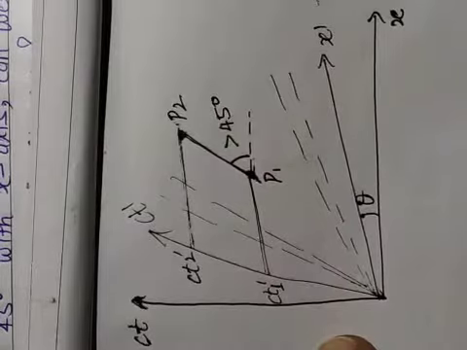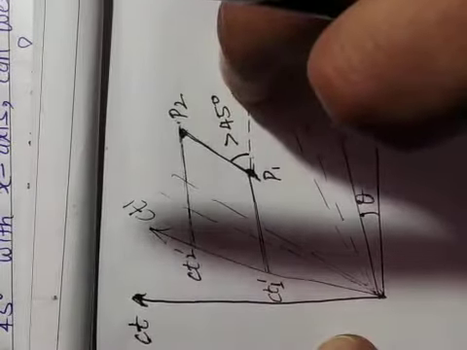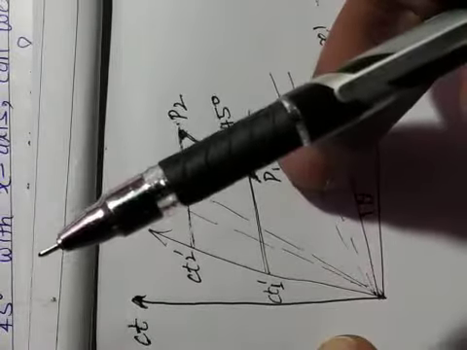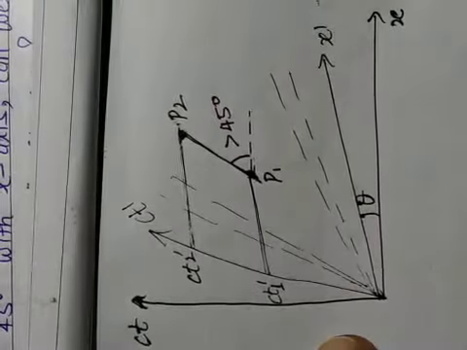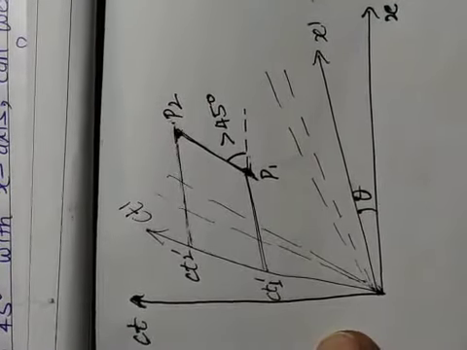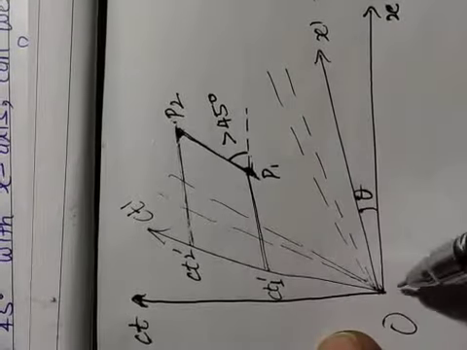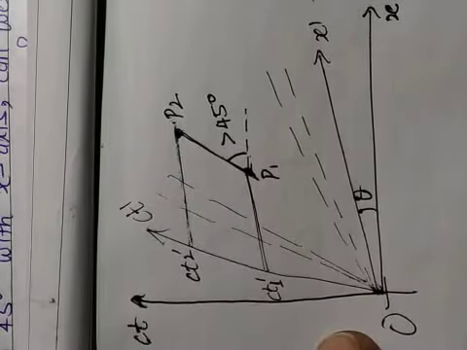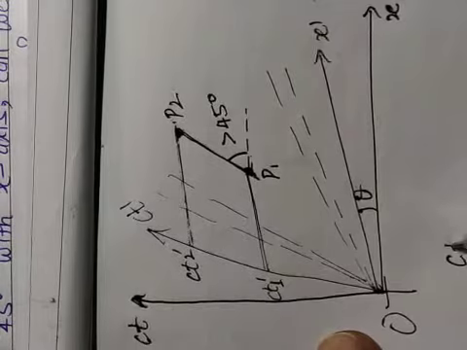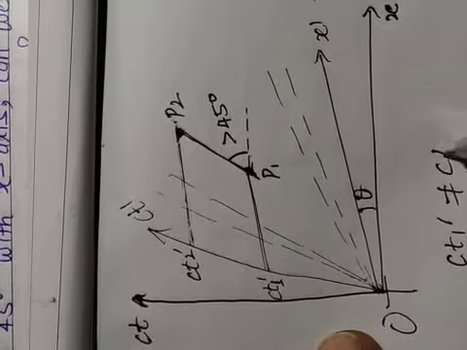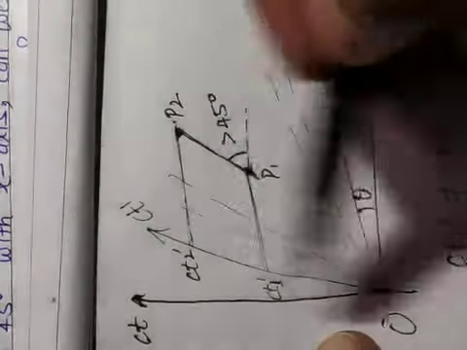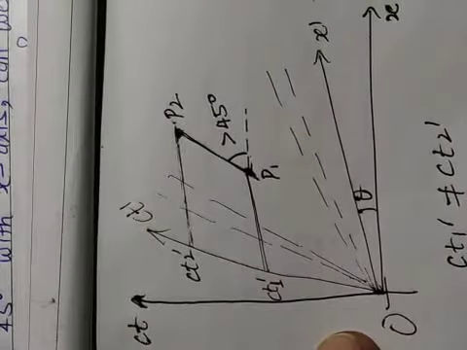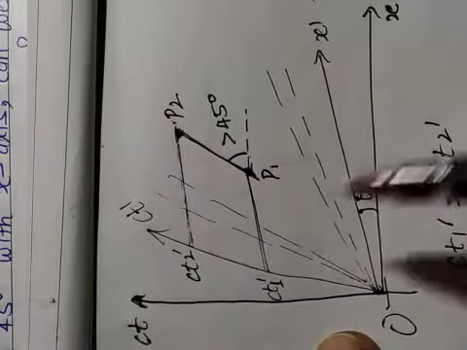There is no frame in S prime for which these two events occurring at the two different points P1 and P2 are simultaneous. You can check it this way: say this is the origin O, then CT1 prime does not equal CT2 prime. Look at this coordinate, because the method is the same.